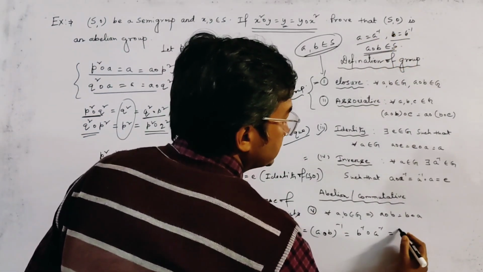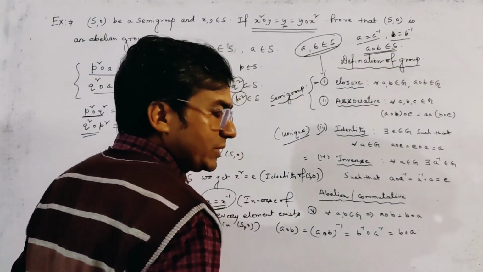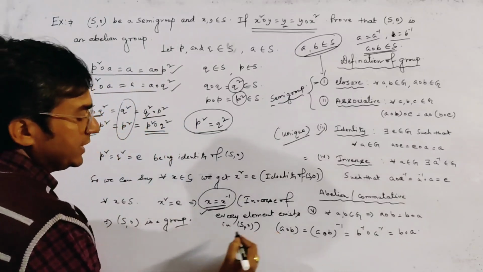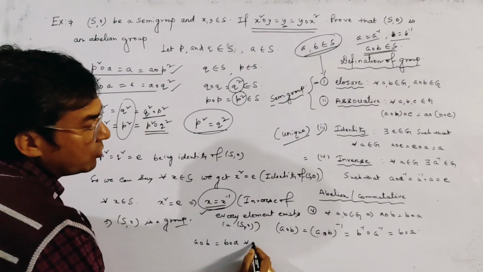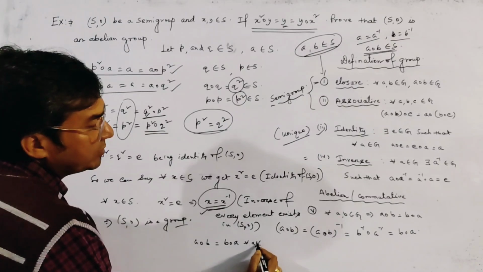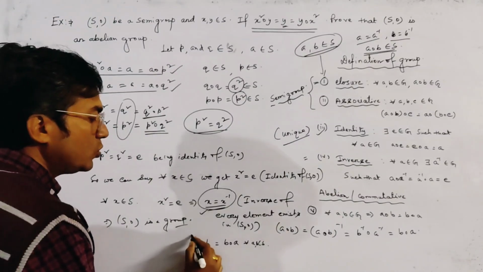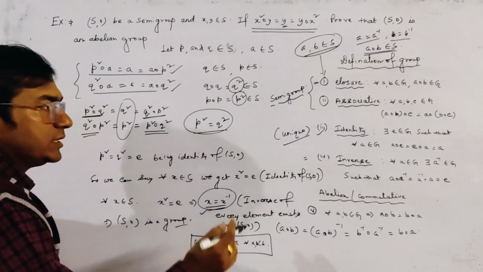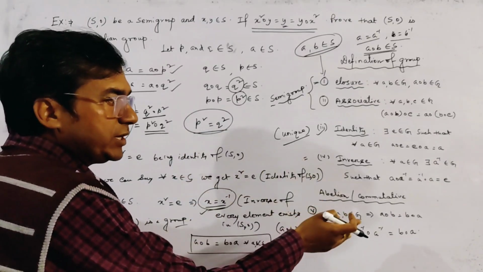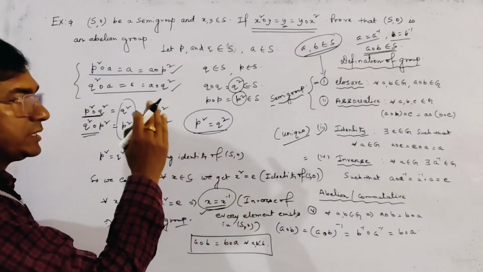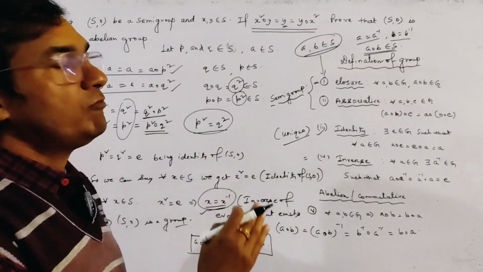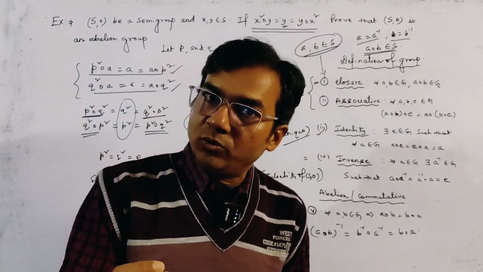So we write this as b ∘ a, and we get that a ∘ b equals b ∘ a for all a and b belonging to S. So we say that the group becomes a commutative or abelian group. Very simple proof, but an interesting problem of group theory. Thank you for watching.